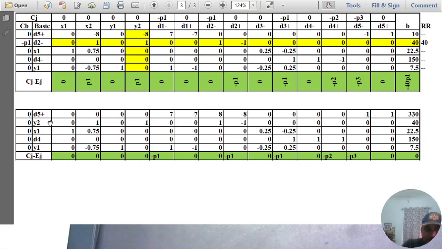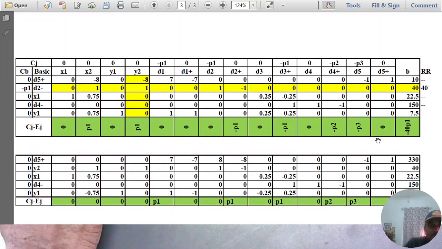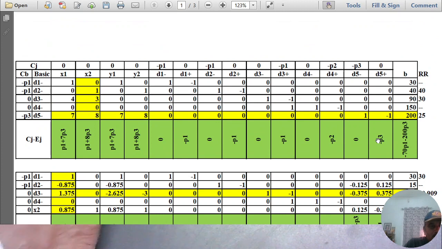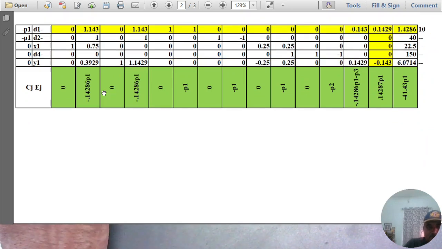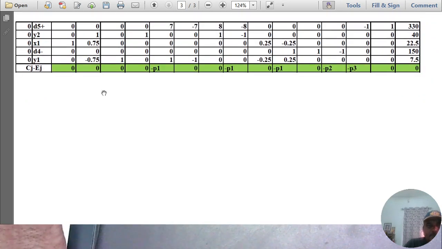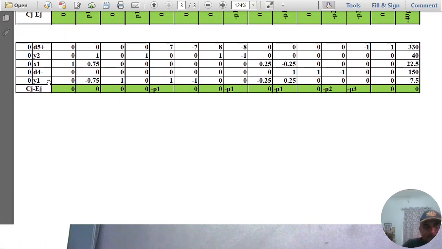Now see what profit we are going to get by producing some units of A and B. How many are we producing? 30 units of A and 40 units of B. Looking at profit per unit, it is 7 rupees per unit of A and 8 rupees per unit of B. So 30 into 7 is 210, and 40 into 8 is 320, which means 530 rupees.